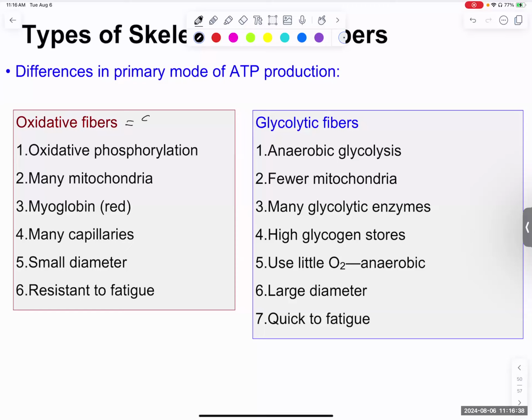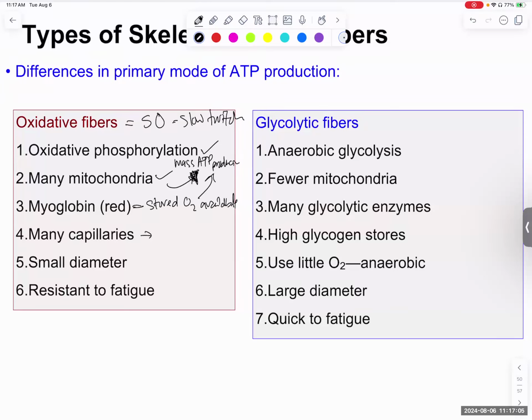Oxidative fibers, these are your slow oxidative, slow twitch. They do oxidative phosphorylation, mass ATP production. They have a lot of mitochondria. That's what helps them mass produce ATP. They have myoglobin, stored O2 available for oxidative phosphorylation.